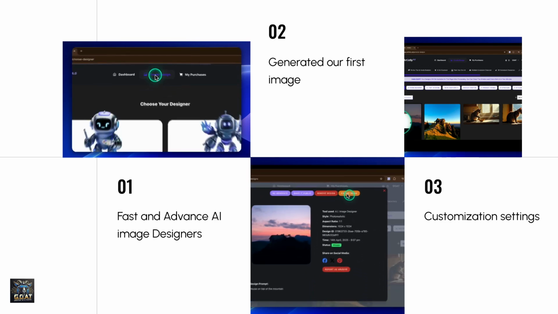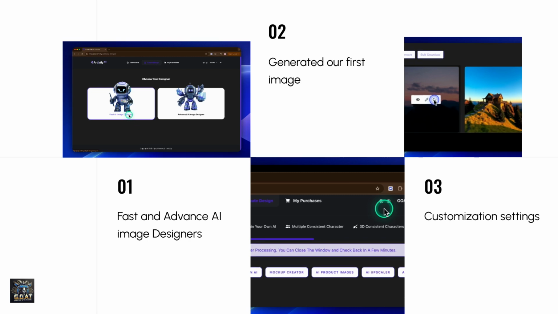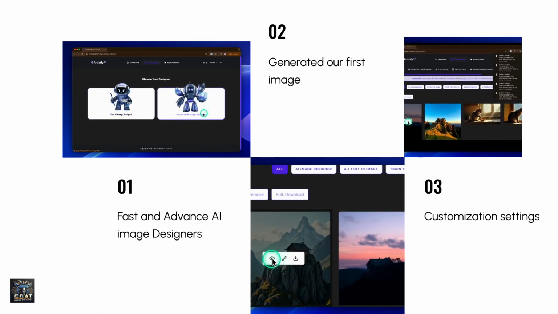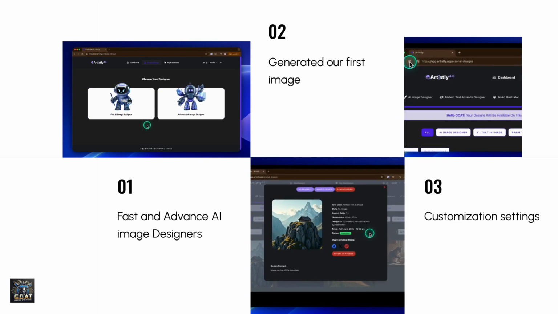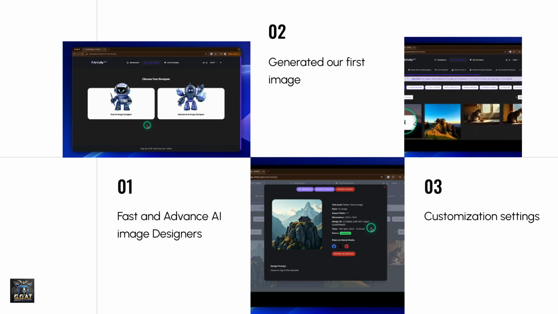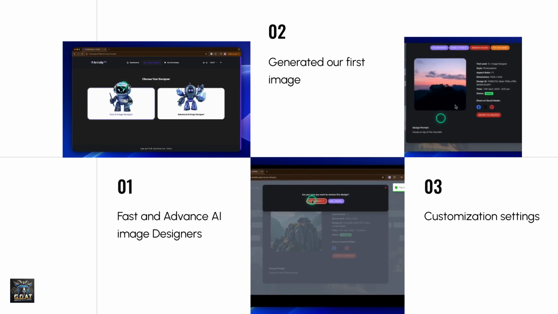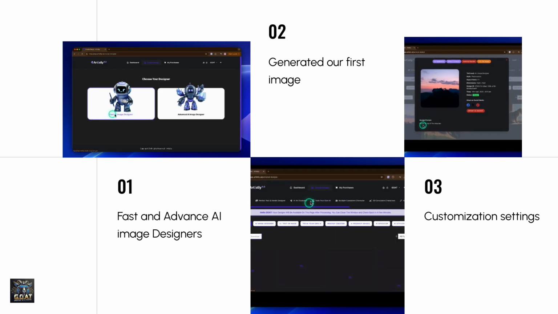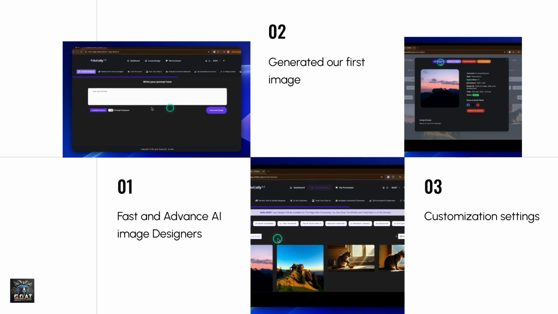A full breakdown of the Customize Your Design panel, including aspect ratio, folder management, visibility settings, image quantity, style, lighting, mood, color palette, art medium, perspective, environment, and composition. Along the way, you picked up pro tips, explored creative settings, and learned how to organize your designs like a true GOAT. If you made it this far, you're officially no longer a beginner. You're ready to create bold, beautiful AI art with confidence.